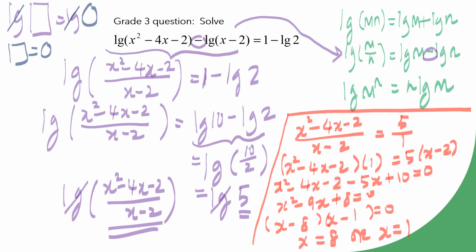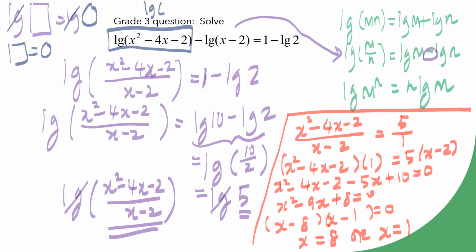If you substitute x equals 1 into the original equation, I'm going to erase this one now, can you see what you'll get will be log of 1 squared minus 4 minus 2.